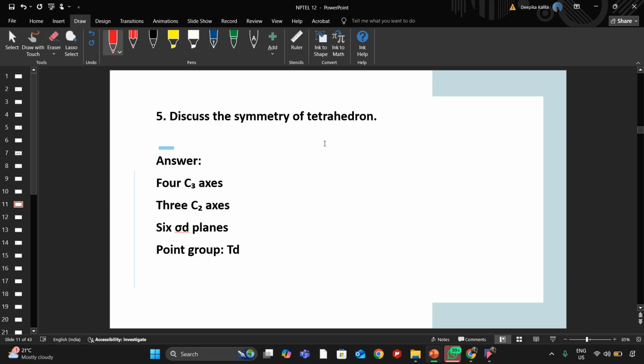Thus, in total, we have 24 symmetry operations present in the symmetry group. And the point group is called Td for tetrahedron. Okay, it is actually written as this one.